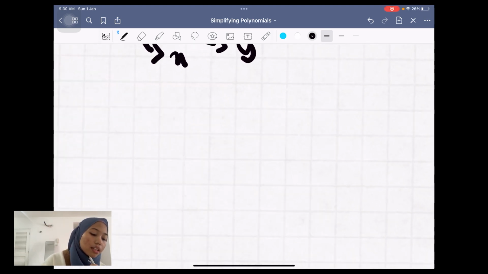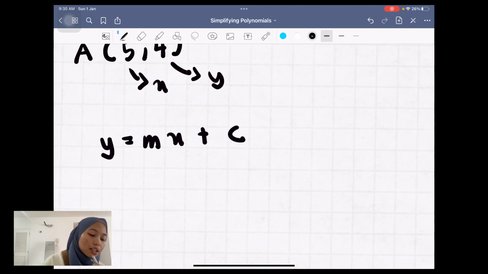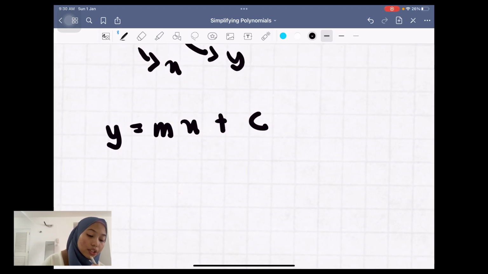So, let's write the straight line equation, y equal to mx plus c. Substitute the coordinates into the equation first.